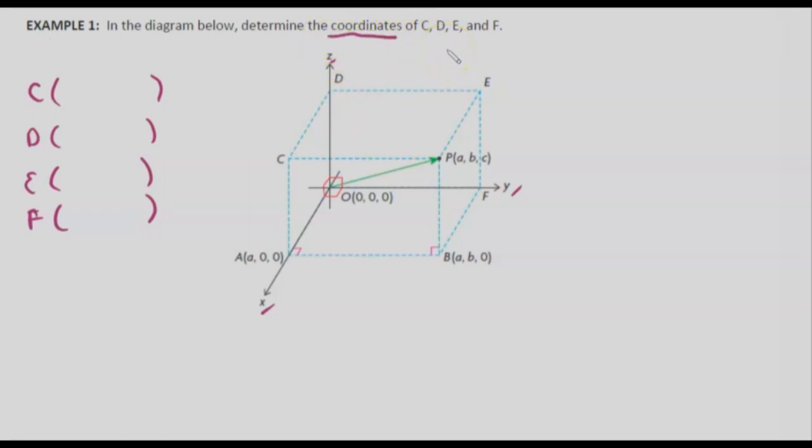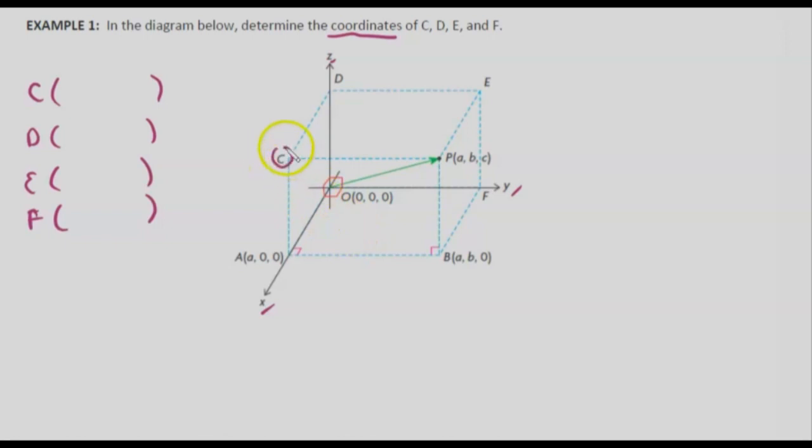Okay, so C. So C is right here, and be reminded, if we take a look at A, it goes A, 0, 0. Okay, so it's just A units away in the X direction. B goes 0, B, 0, so it's B units in the Y direction. And then point P, ABC, again, C units in the Z direction. So if we're only considering C, let me clean this up.